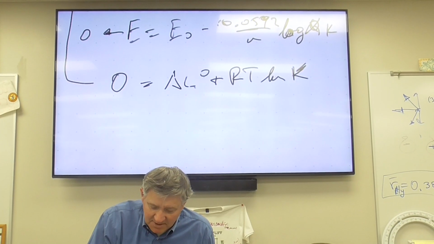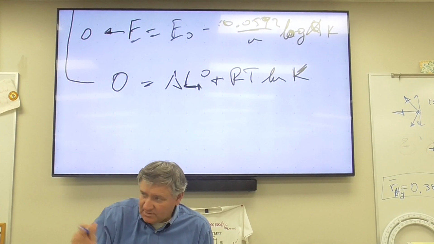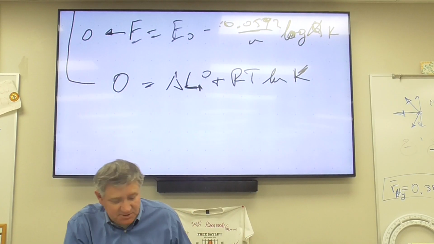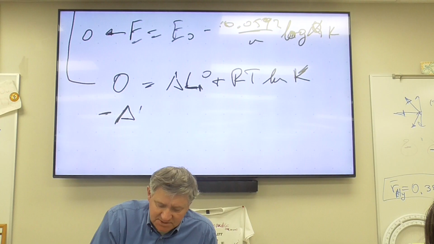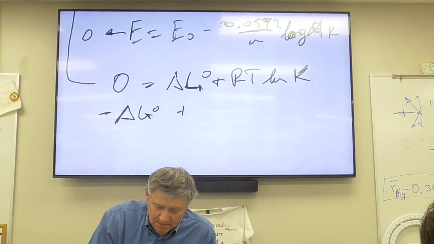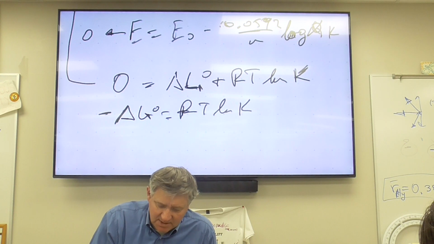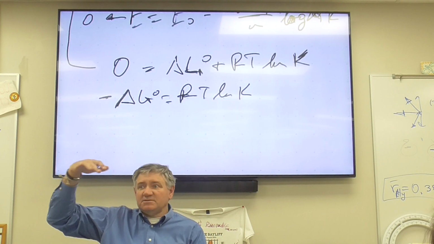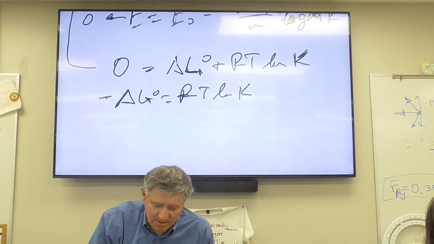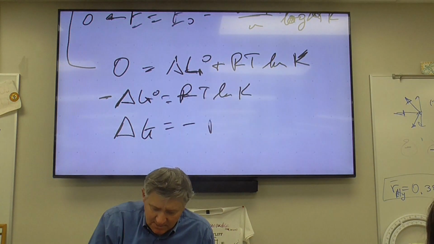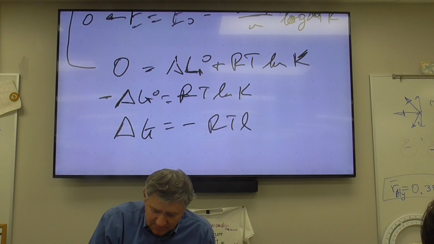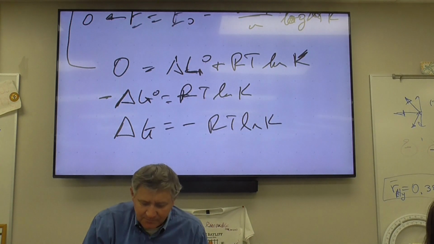So now, if I solve for, move that delta G naught over here, I subtract that over, I got delta G naught equals RT times the natural log of K. So then, you always talk about delta G by itself. So all I'm going to do is shift that negative sign over here to the natural log of K.